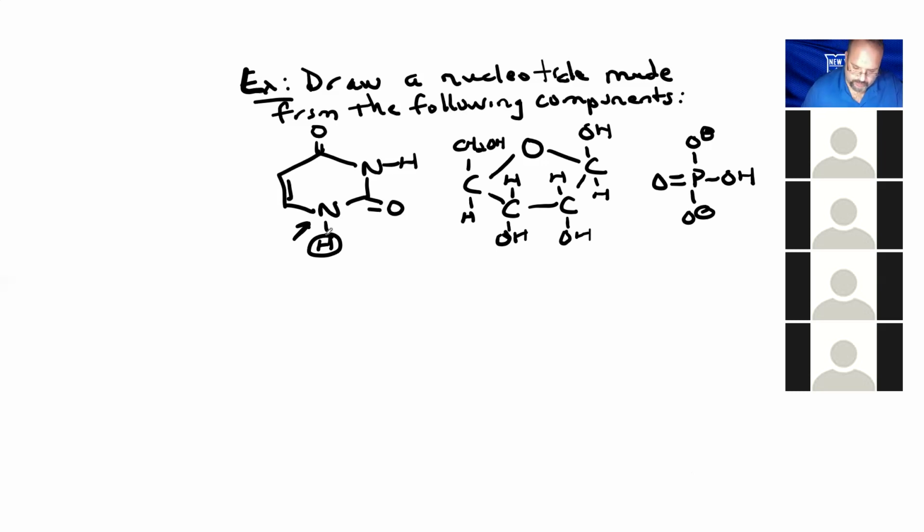Now, let's go to the sugar. If we're making a nucleotide, there are two important carbons that we want to remember. That's carbon 1' and carbon 5'. And remember, the carbons in the sugars are numbered with primes to distinguish them from the carbons in the nitrogenous bases.